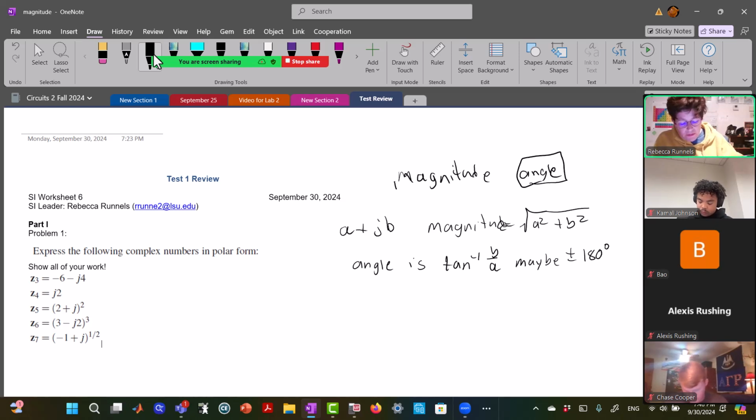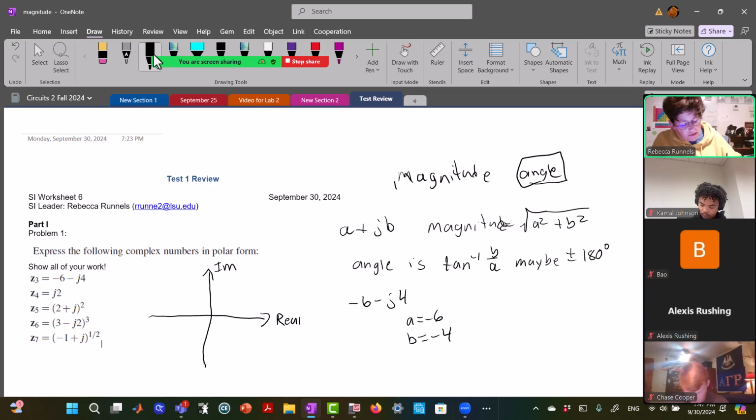So first of all, when you have a complex number and you look at where it is, you would graph it by saying the horizontal axis is the real axis and the vertical axis is the imaginary axis. So if I have a number like minus 6 minus j4, that has a equals negative 6, b equals negative 4.